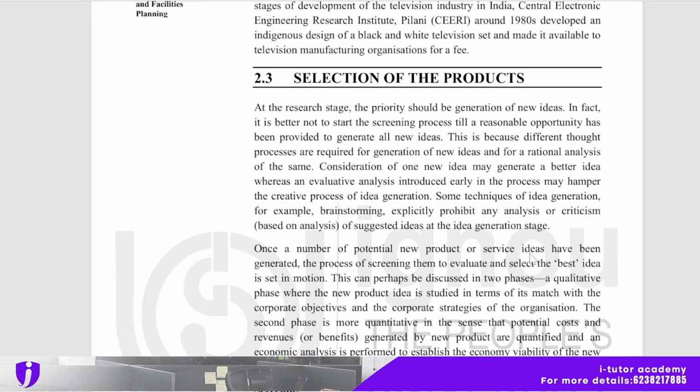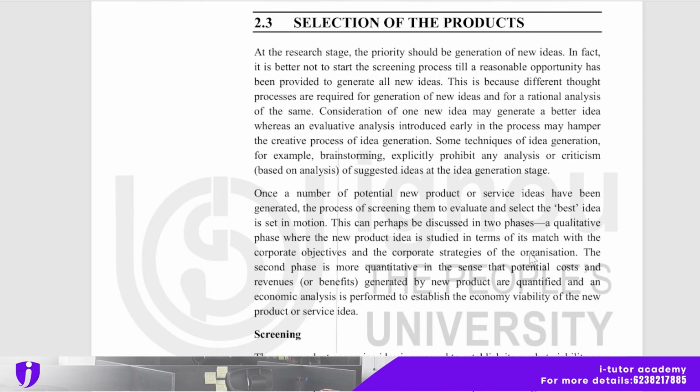Next is selection of the product. At the research stage, the priority should be generation of new ideas. So in fact, it is better not to start the screening process till a reasonable opportunity has been provided to generate all new ideas. This is because different thought processes are required for generation of new ideas and for a rational analysis of the same.